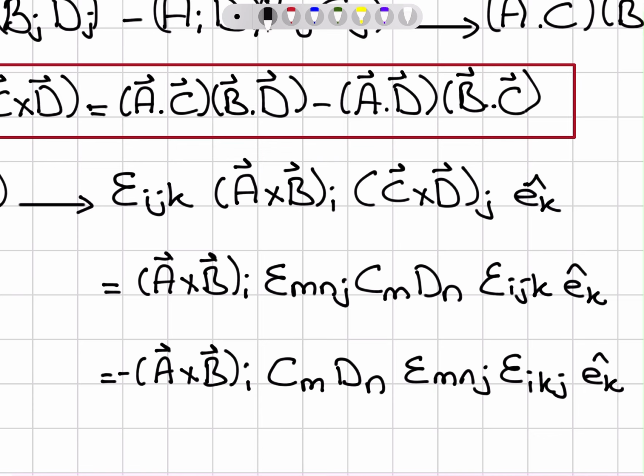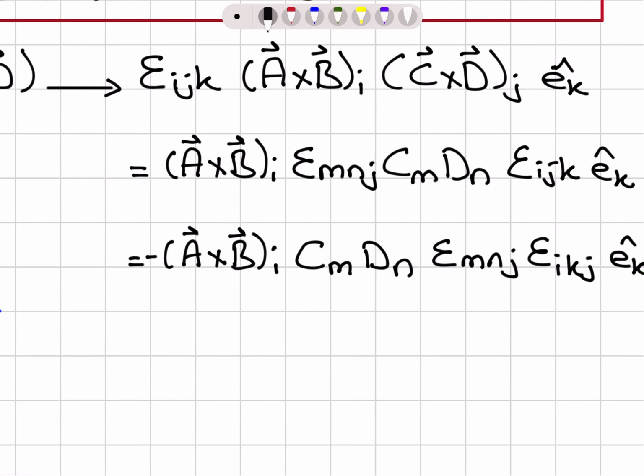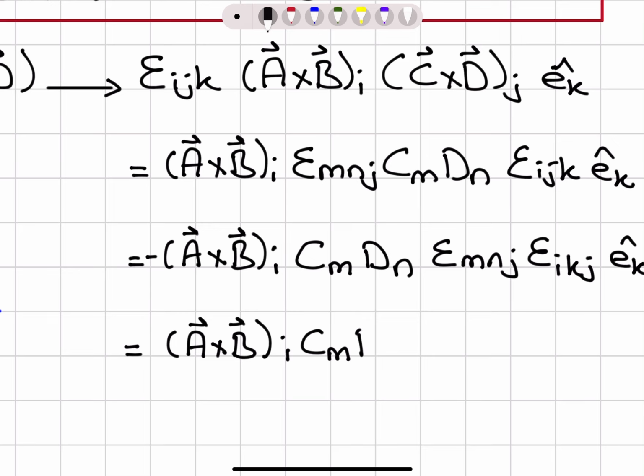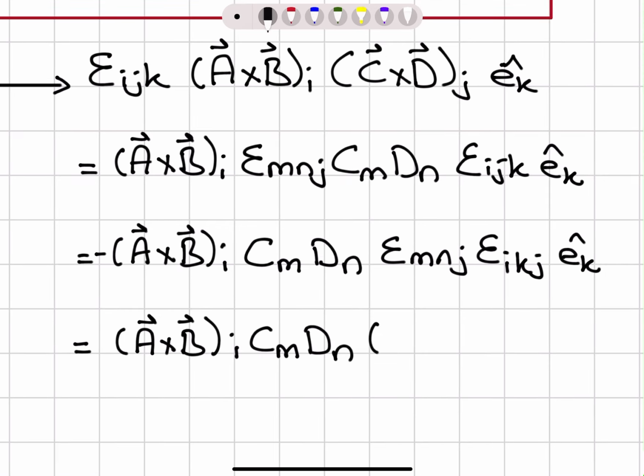Okay, so that means we have A cross B's ith component multiplied with c_m d_n. Now I'm using the Levi-Civita identity. First delta mi, second delta nk.